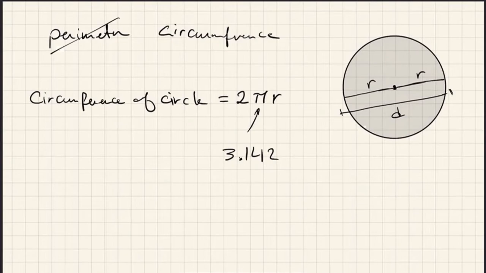So I have a question: what's the formula for the diameter? To calculate the circumference using the diameter, it will be pi d, if you are not using 2 pi r.